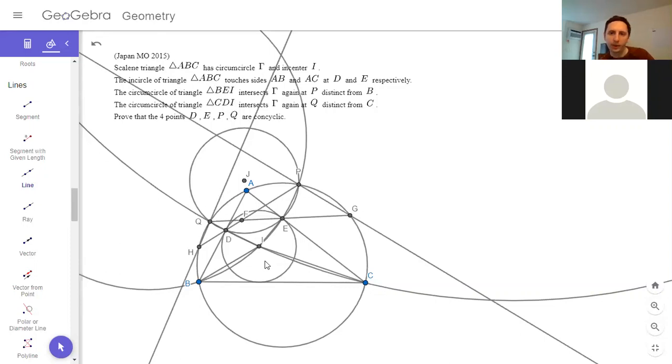We wanted to show that PQ is parallel to HG, right? Yep. Oh, we want to show DE is parallel to HT.